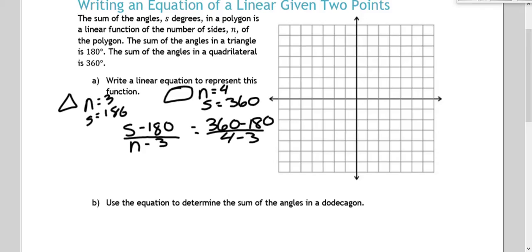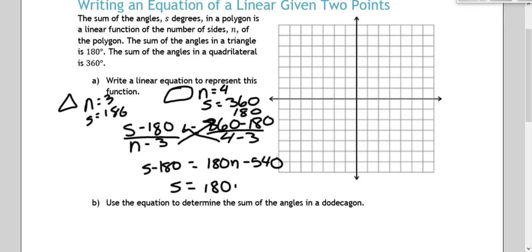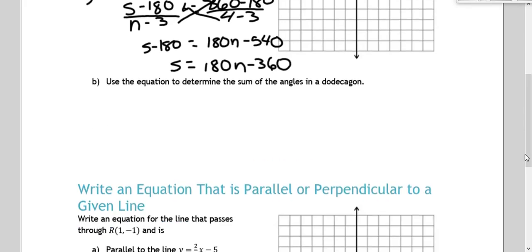So then this would be s minus 180 is equal to 180 n minus 540, because I simplified this and then I cross multiplied. So that leaves us with s is equal to 180 n minus 360. I had this here just in case we wanted to graph it, but we don't necessarily have to.